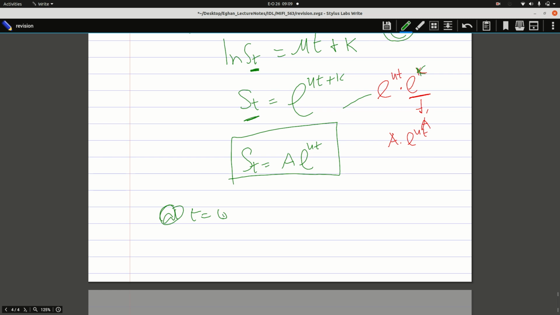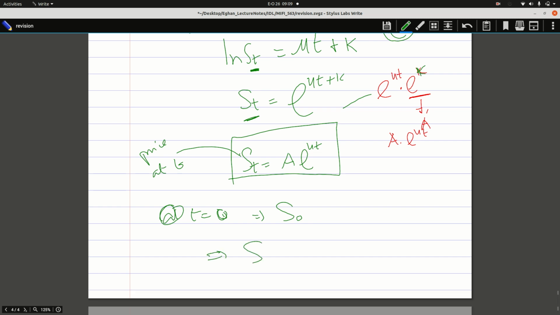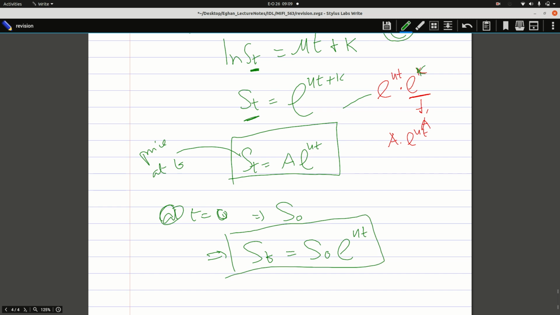I can set it as S0, because S(t) means the price at any given time t. So at 0, it means I have S0. It means that now my stock price at any given time t is given as the initial price times the exponential of the drift. This is the new solution. This is the solution to the differential equation here, star.